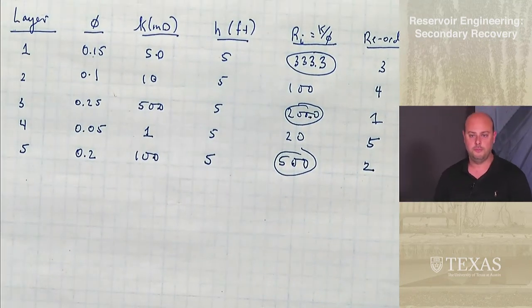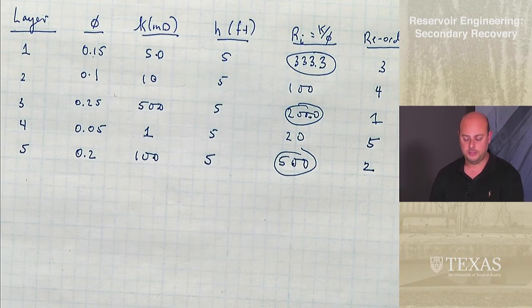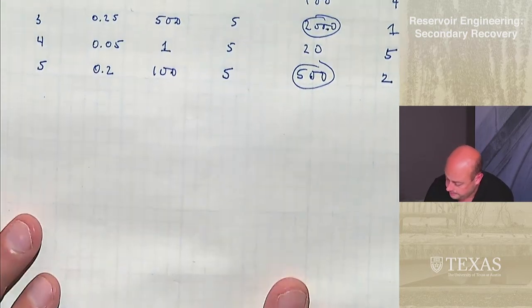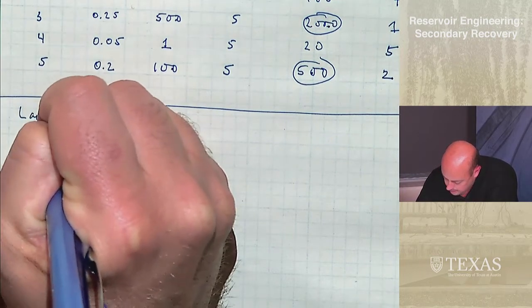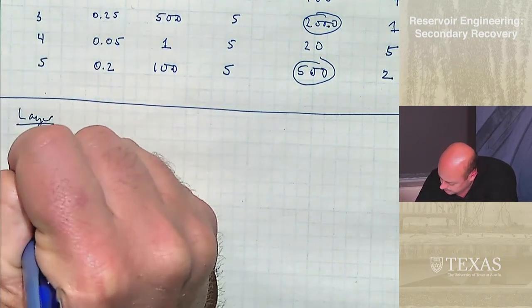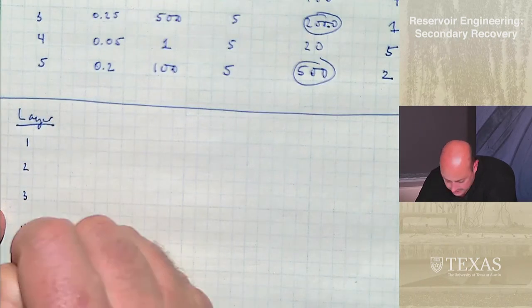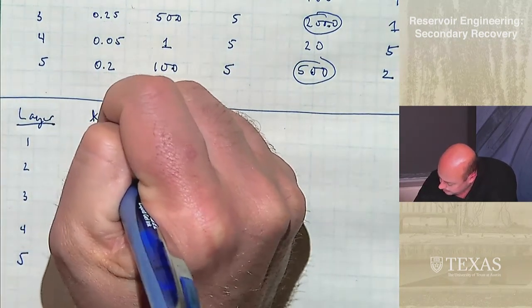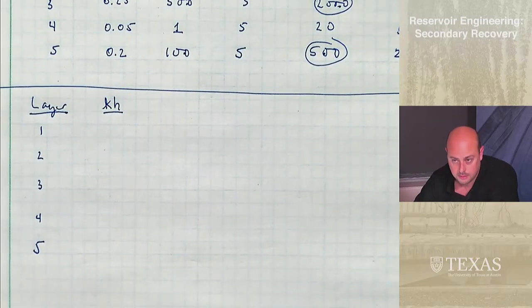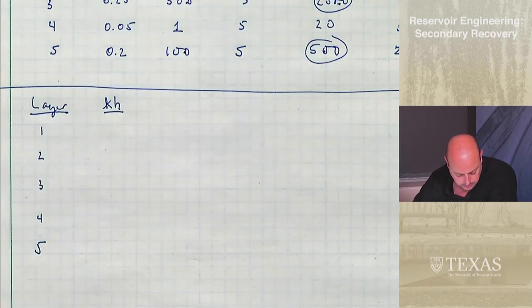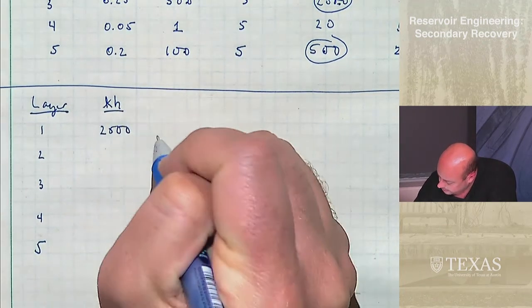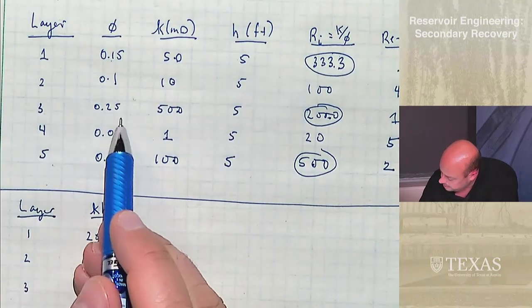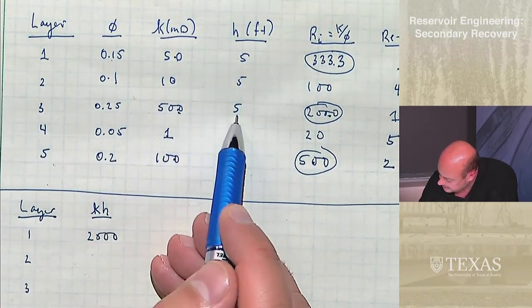Okay, so I'm going to order them from the highest R to the lowest R. And so let me just do that so I don't make any mistakes. I'll do the layer again: 1, 2, 3, 4, 5. I'm going to put the permeability times the thickness. And that is 2,500, right? Because layer 1, which was layer 3, is going to be permeability 500 times thickness is 5.